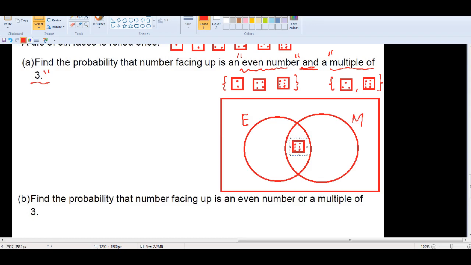Not only is this an even number, but this is also a multiple of 3. How many cases are there for just even number, not a multiple of 3? There will be 2 others, right here. And for multiple of 3 but not even number, just 1.